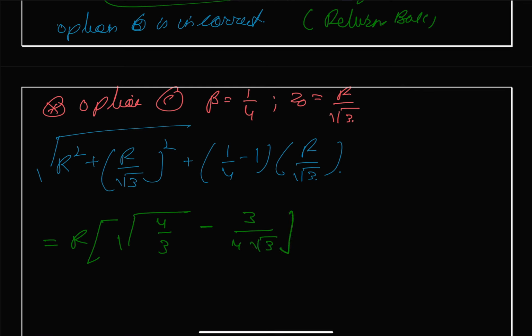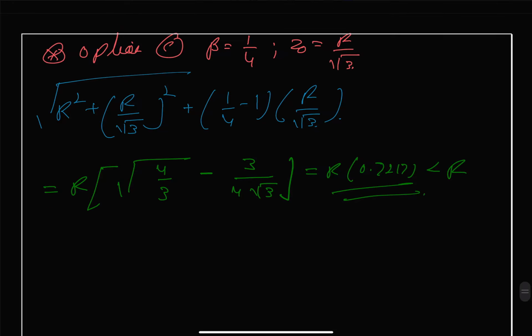and this will be giving us r times 0.7217, obviously less than r. So therefore it does not reach origin, or we can say returns back.